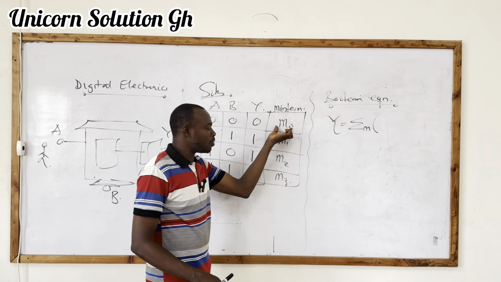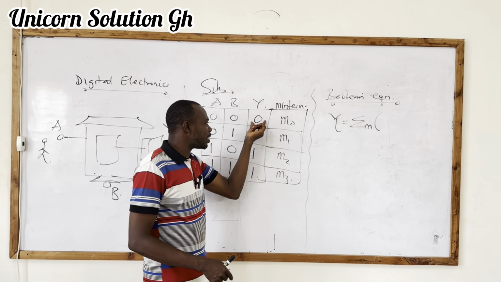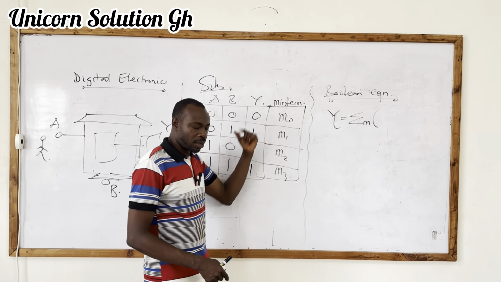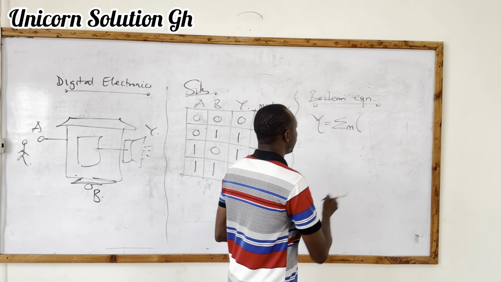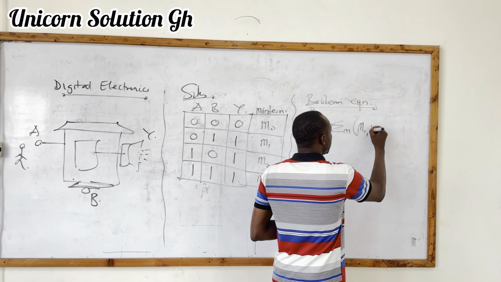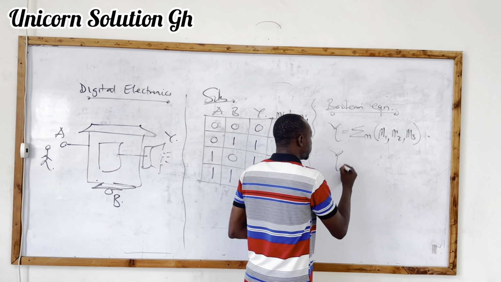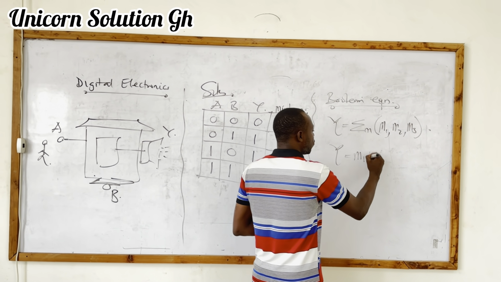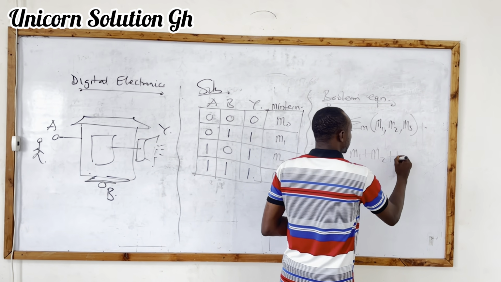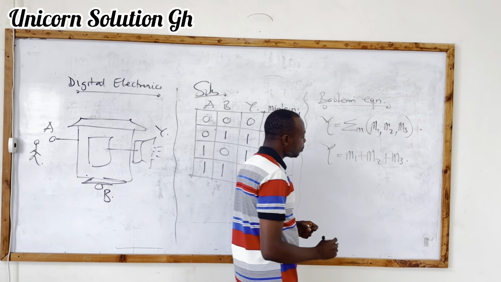Then we discard M0. Why? Because M0 is having the value of Y to be 0. So we have our values to be M1, M2, M3. But we all know the summation to be equal to M1 plus M2 plus M3.